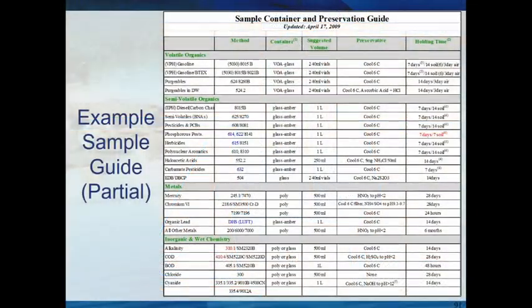Okay. So on sampling, again, we touched on it. This is a partial version of a table, and labs often have this type of table. If you know, for example, that you're sampling, top row, I need to sample for gasoline, then this will walk you through the container you need, the volume, the preservative, et cetera.